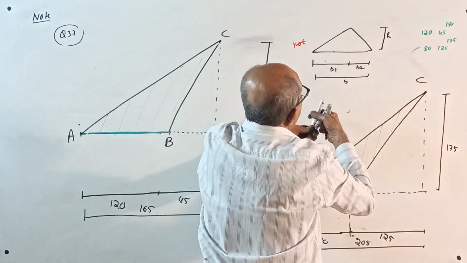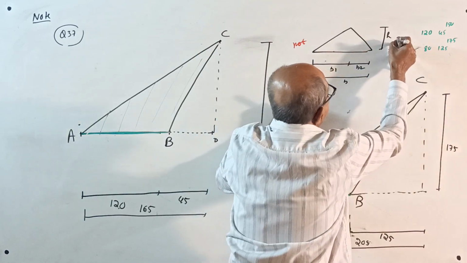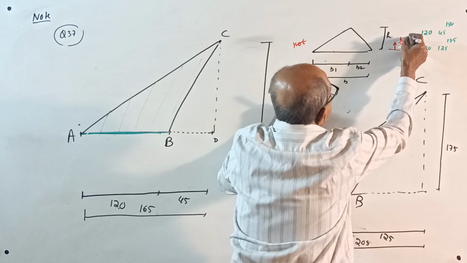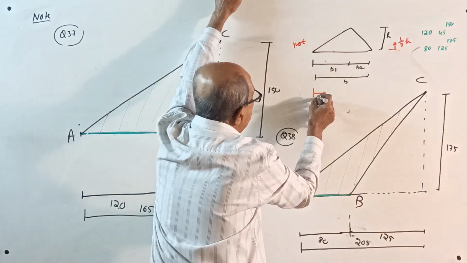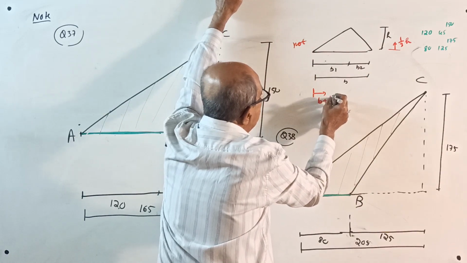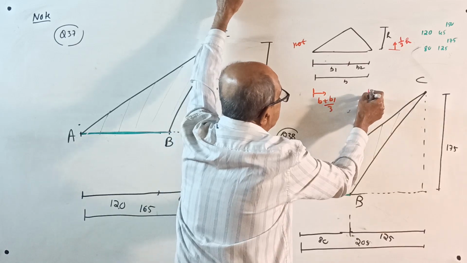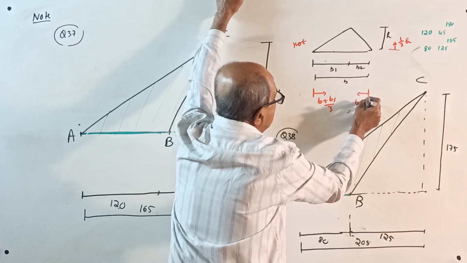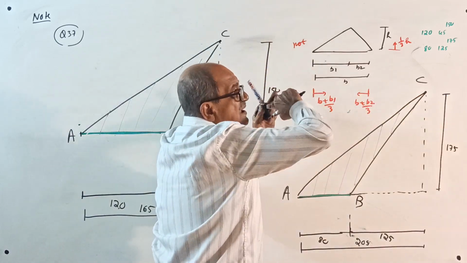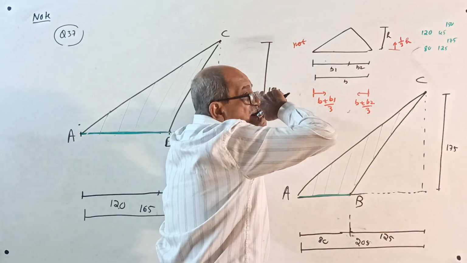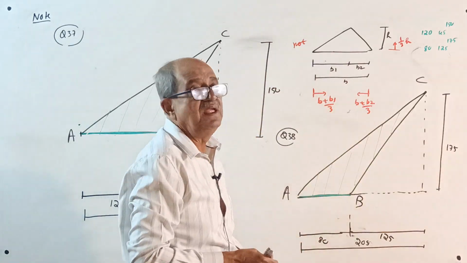Height-wise, direct answer. I told you, height-wise, directly from here, 1/3 h. Base-wise, I told, from here it is (B plus B1)/3. From here, (B plus B2)/3. Full base plus the cut base on this side, divided by 3.